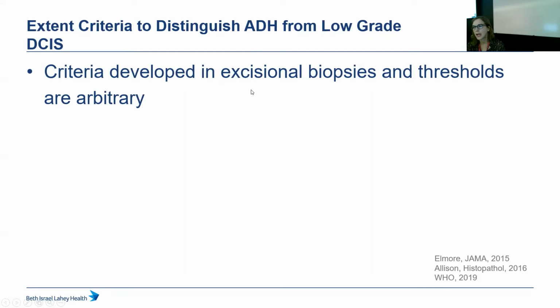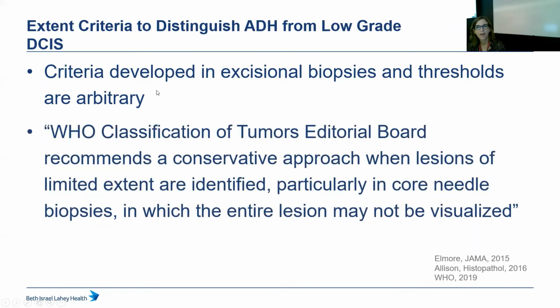So ADH versus low-grade DCIS criteria, it's important to remember that the criteria were developed in excisional biopsies. And so the thresholds that we set for this are a little bit arbitrary, but they're agreed upon. So by convention, we've decided what they are.